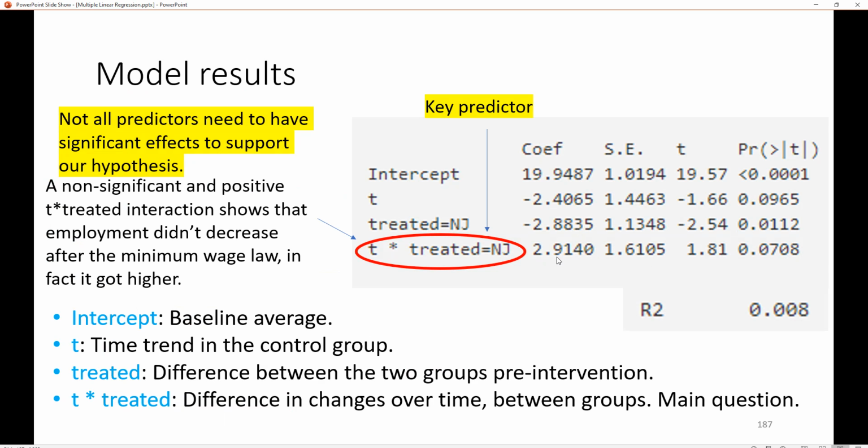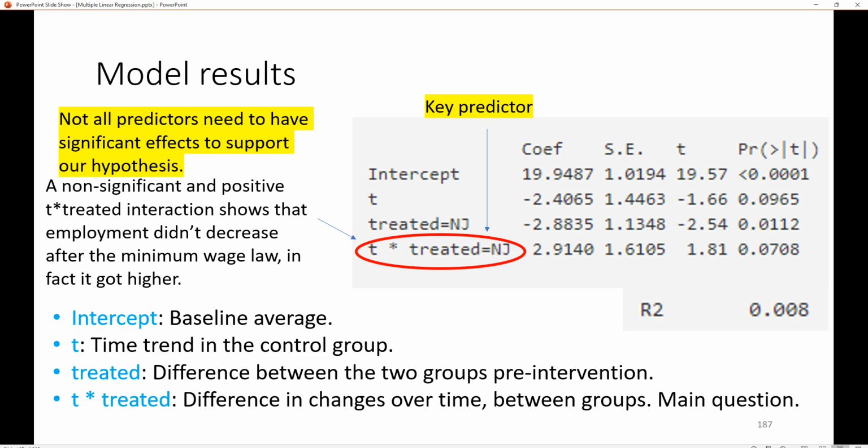For this, we would have been happy as long as that wasn't statistically significant and negative. So if this coefficient was negative 2.91 and not significant, that would still provide us evidence that the minimum wage law didn't hurt employment.